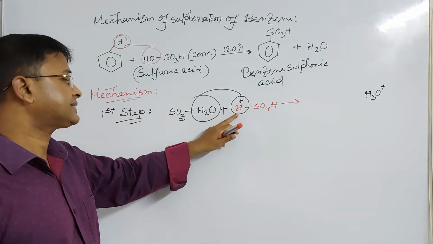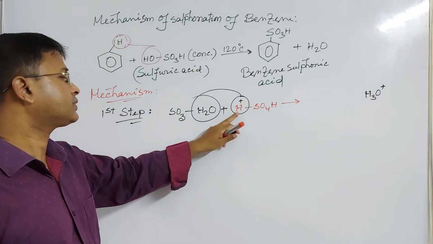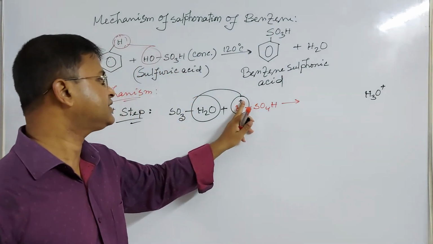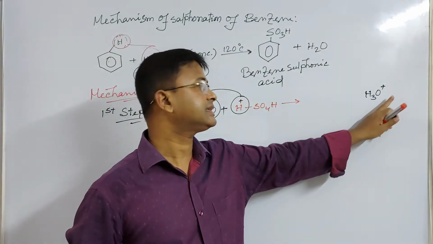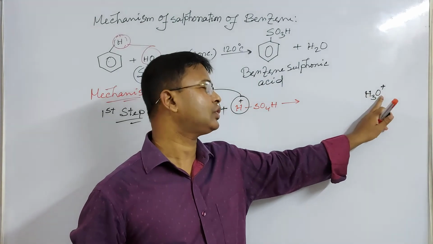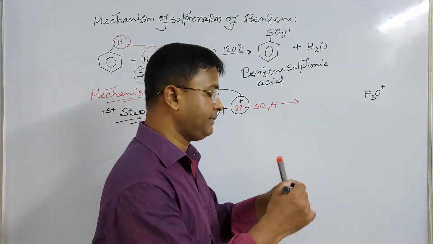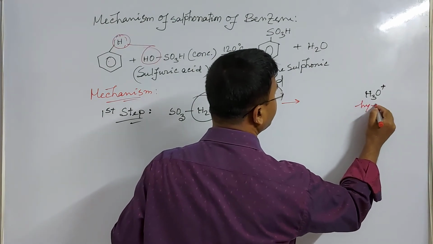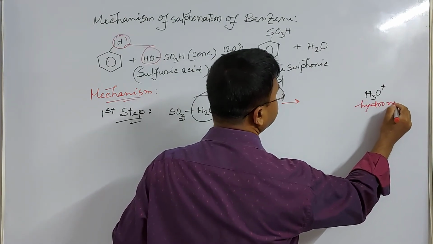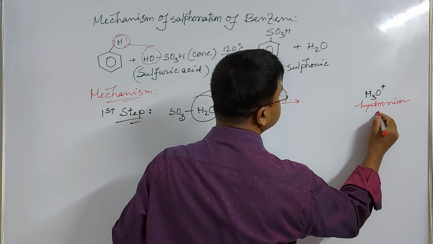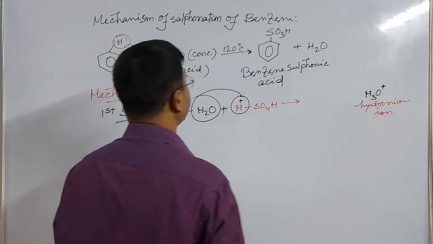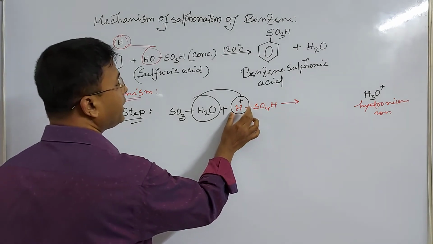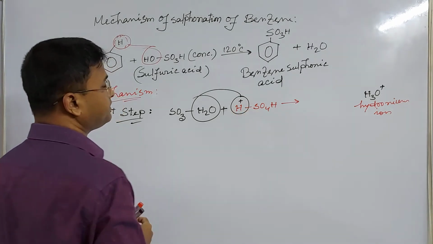After accepting this proton, the total number of H is 3, and due to this positive charge, it is written as H3O plus. This is hydronium ion.